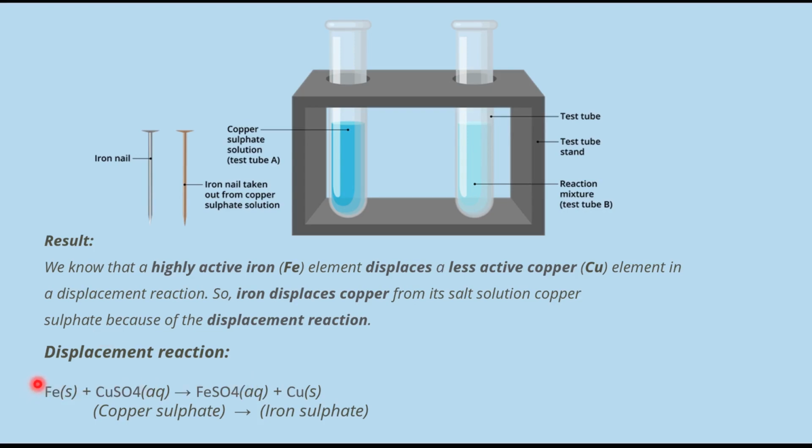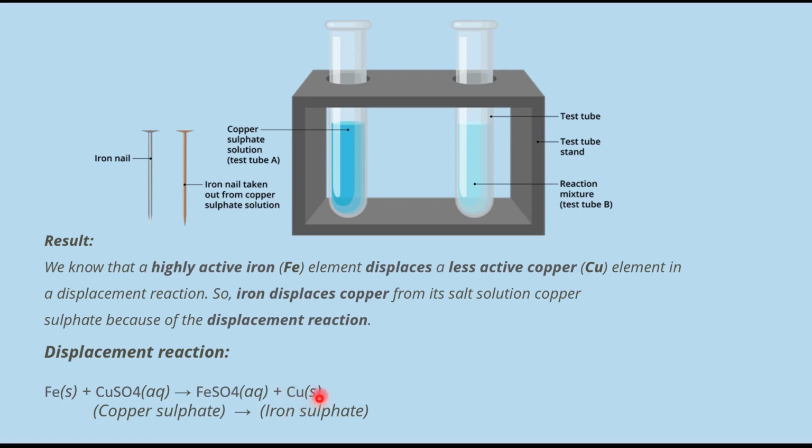We can depict the displacement reaction in this way. Here, Fe reacts with copper sulfate solution, and copper in copper sulfate solution is displaced by iron, and it results in the formation of ferrous sulfate, and at the same time copper is also produced.